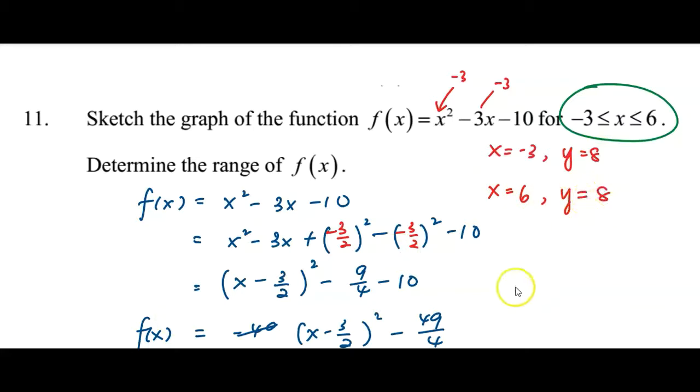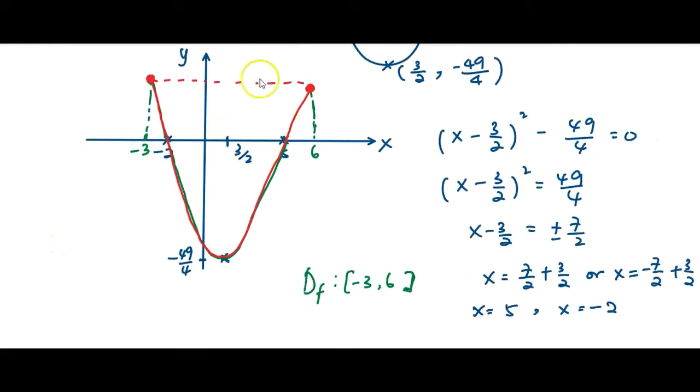It is equal to 8 as well. This means that at x equals to -3 and at x equals to 6, they have the same height, that is y equals to 8. So we can label this as 8. Now we can label this graph as y equals to f(x), because we already took care of the domain and the shape of the graph and everything.